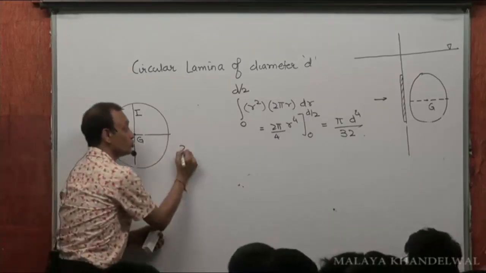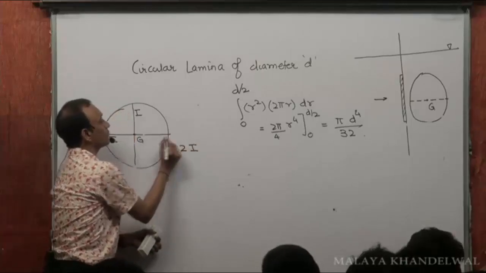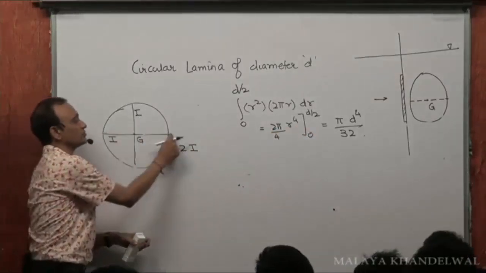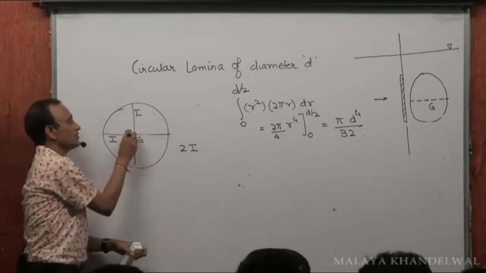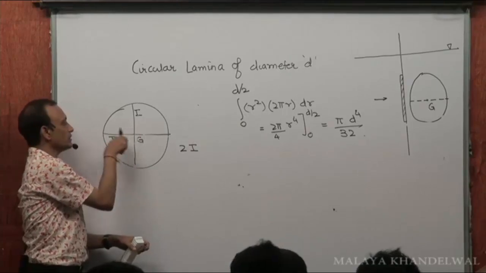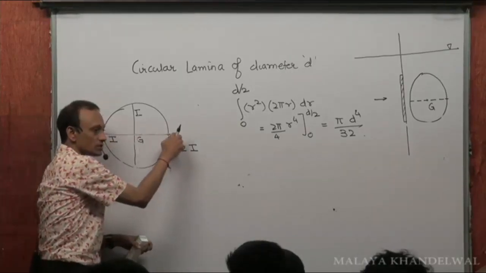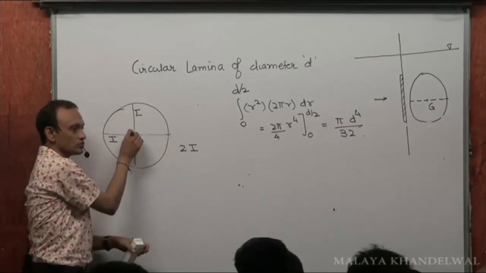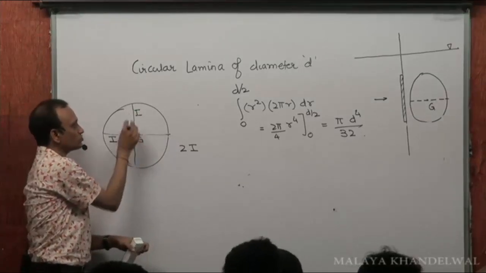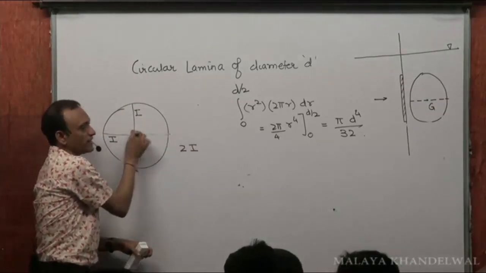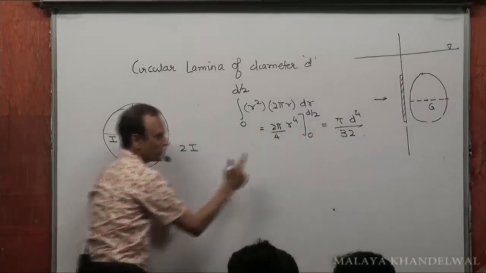By the perpendicular axis theorem, I about this plus I about the other perpendicular one is I about the axis perpendicular to the plane. So I plus I, 2I, must be pi D to the power 4 by 32.